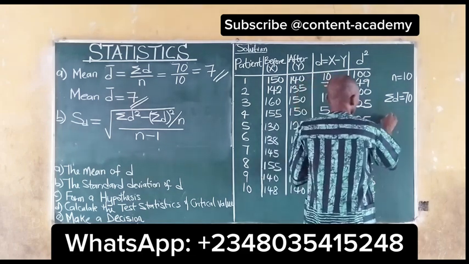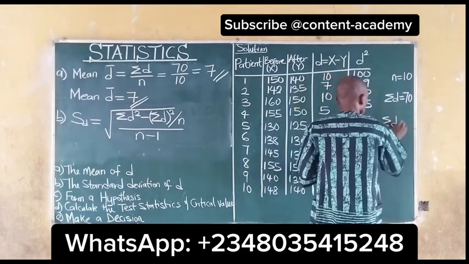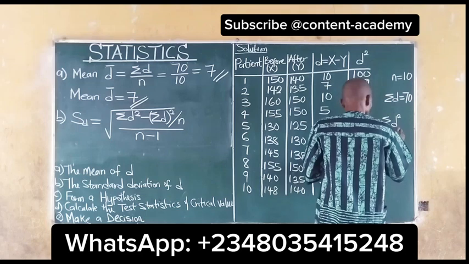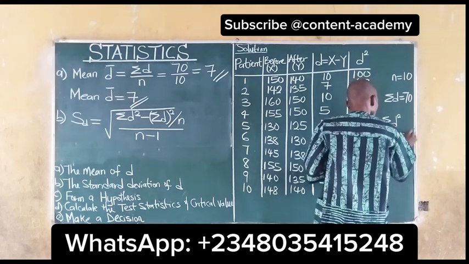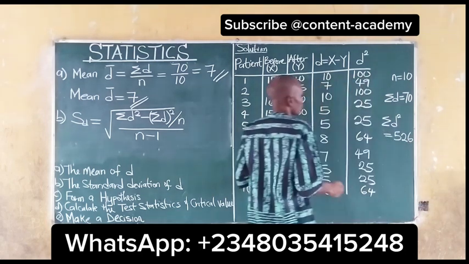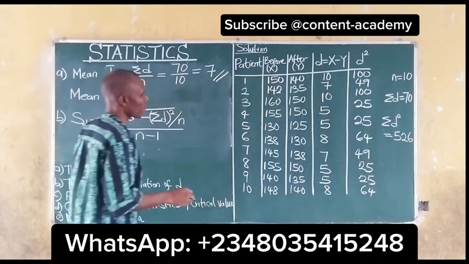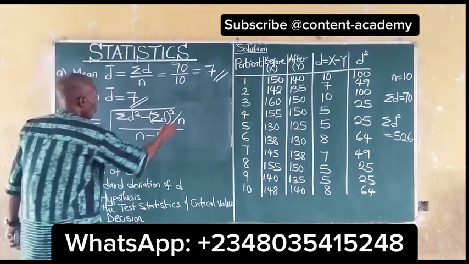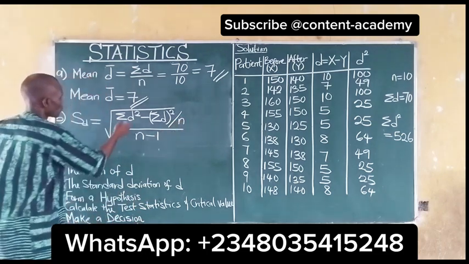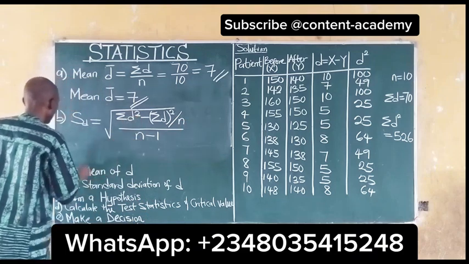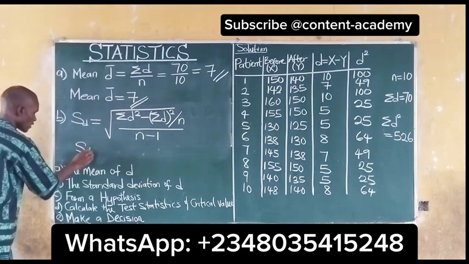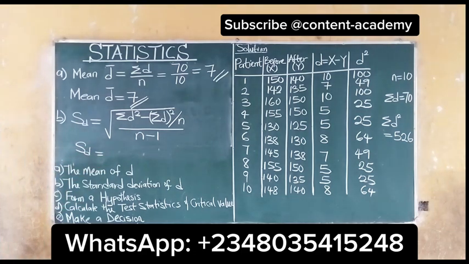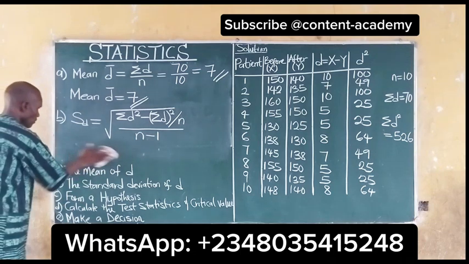So we have summation of d squared is equal to 526. We know our value for n. So we know our values and we can now calculate the standard deviation. So we have to delete this side of the board. Sorry.